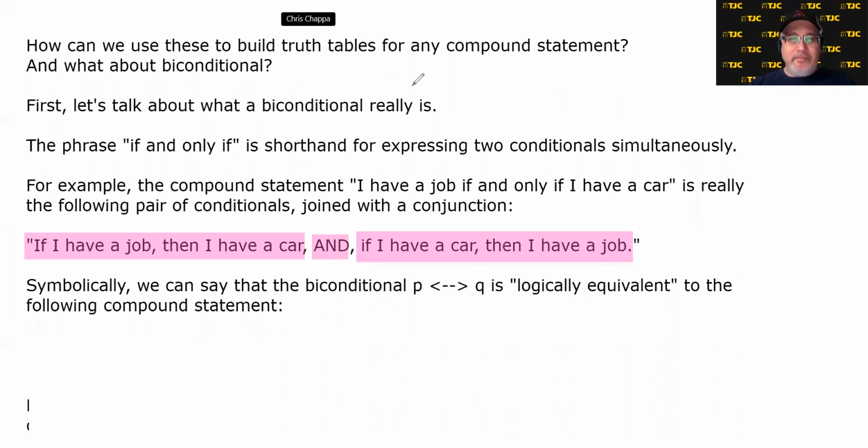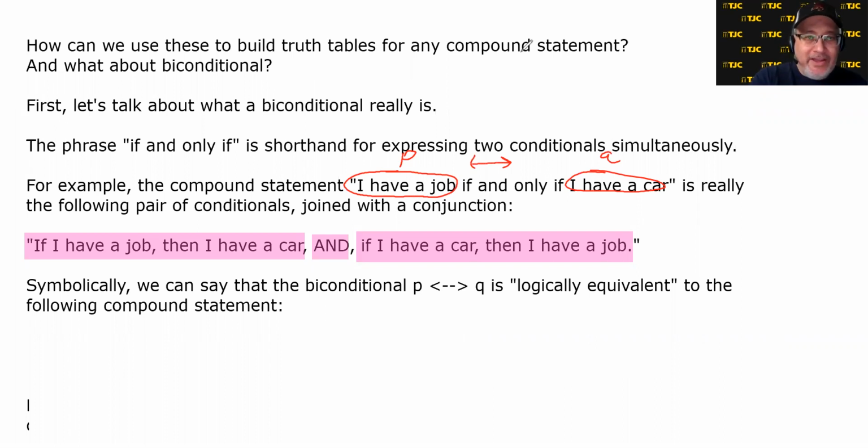Let's think about it. Let's build it. If in our original biconditional, we call I have a job P, and I have a car Q, and of course, if and only if is the double-headed arrow, then how would we translate the longer sentence that's highlighted in pink?